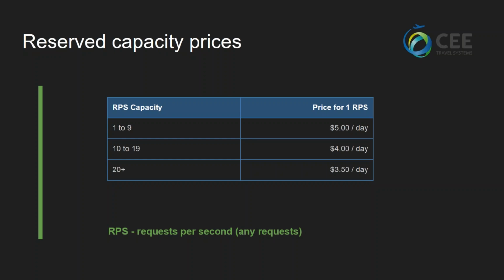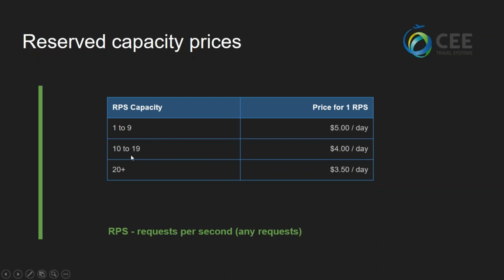It means 4 requests per second. So in such case, you would reserve 4 requests per second and pay 4 multiplied by 5, which is $20 per day.